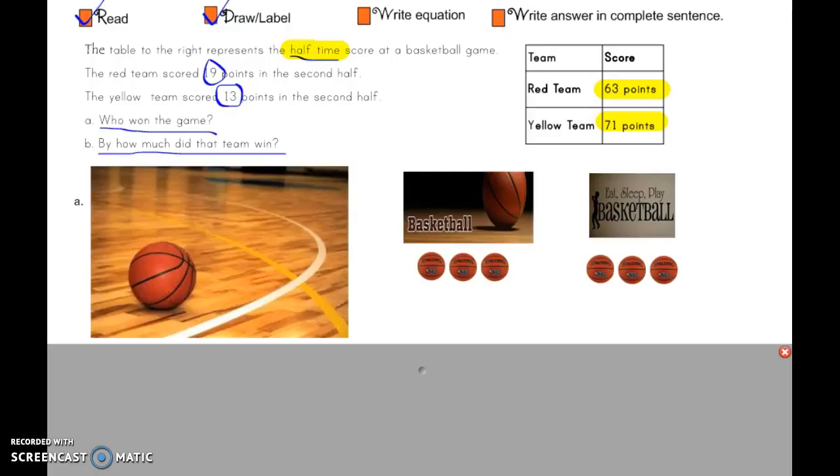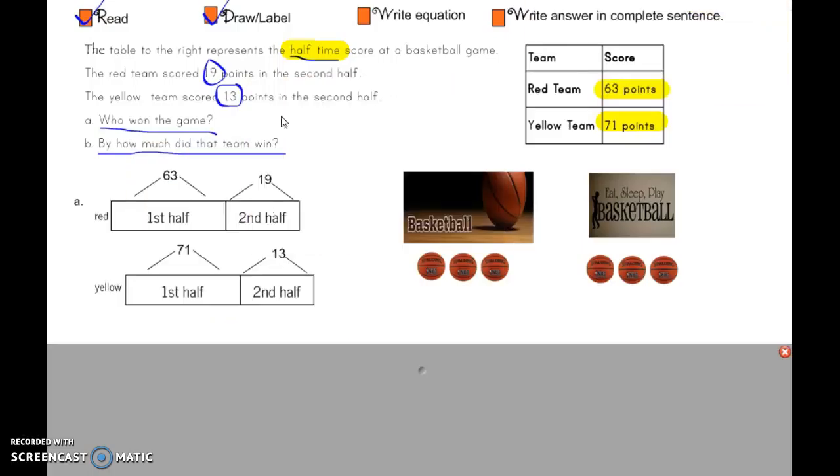Alright, I want to take a look at my tape diagram. So here is the tape diagram I drew. I start out with the red team because if I look at my chart, the red team scored in the first half 63 points.